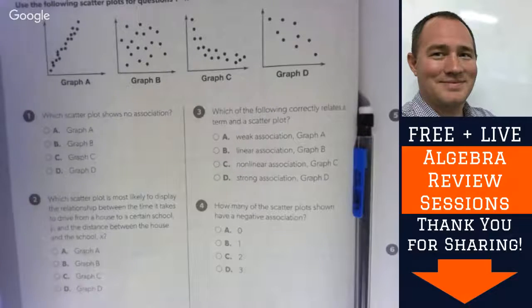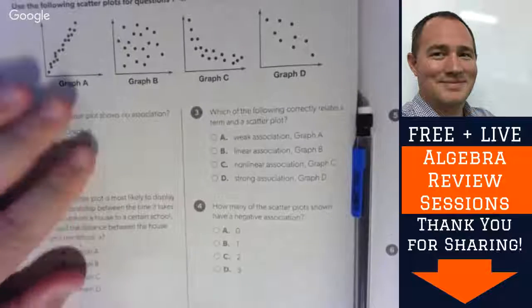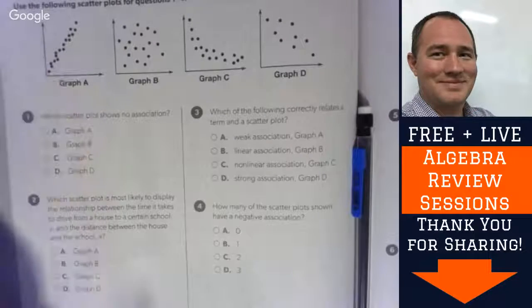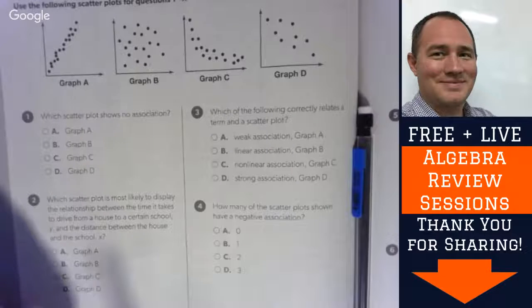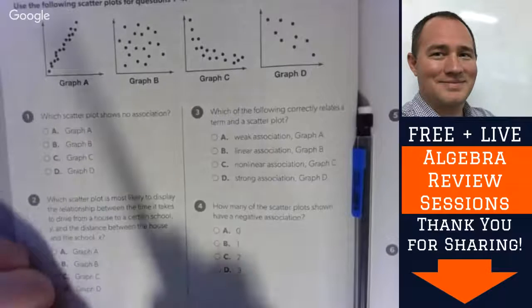How many of the scatter plots shown have a negative association? Remember, negative isn't bad, but a negative association is like a downhill slope if we were to walk the slope from left to right.